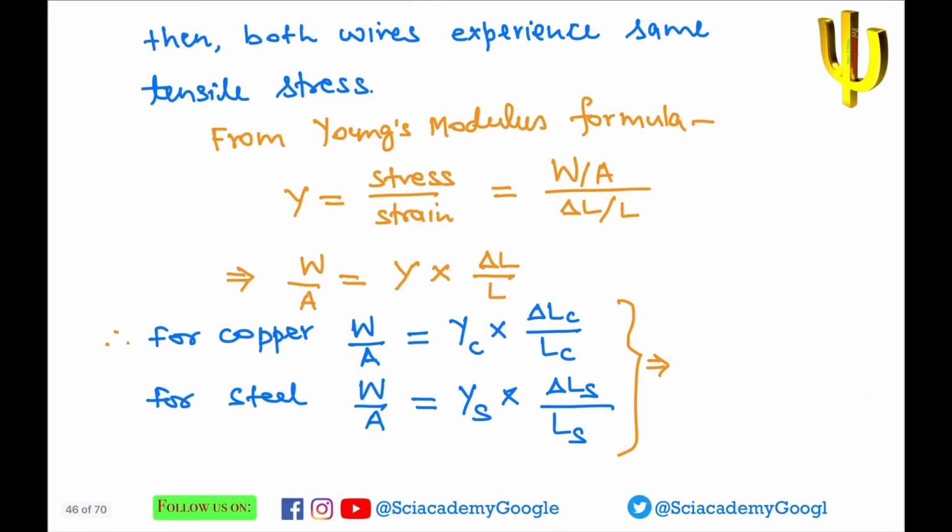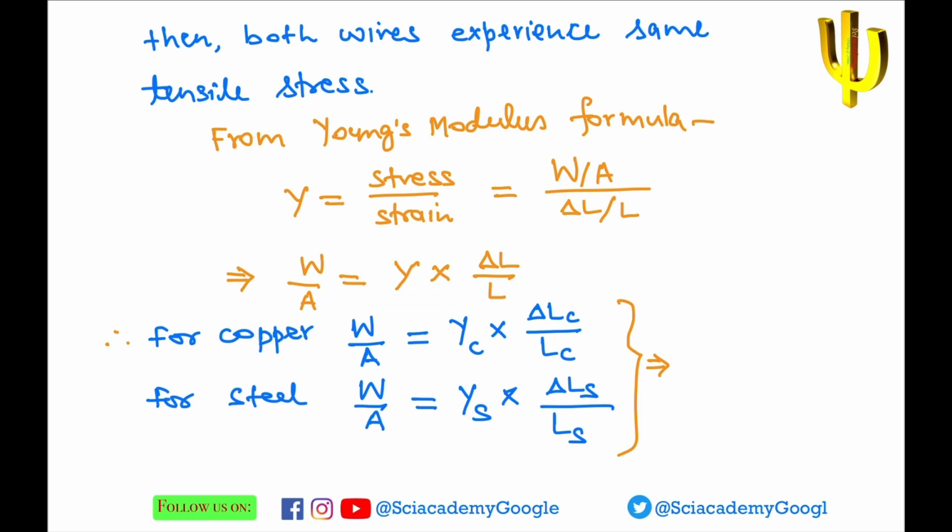So let us calculate from the Young's modulus. We know that Young's modulus is the ratio of stress to strain. Stress is load per unit area and strain is the ratio of elongation to the initial length. So this formula gives stress equal to Young's modulus into delta L by L.